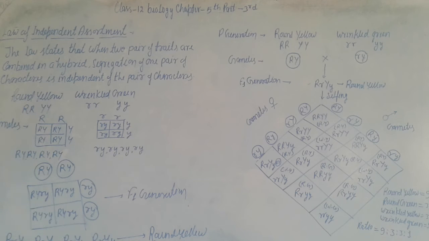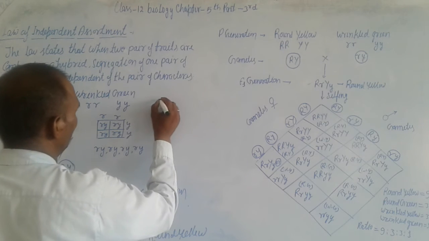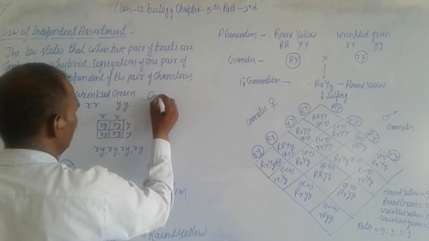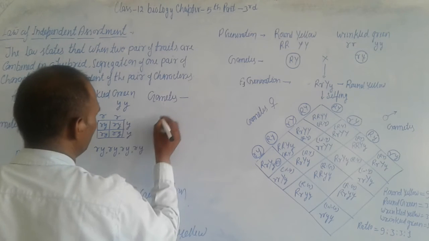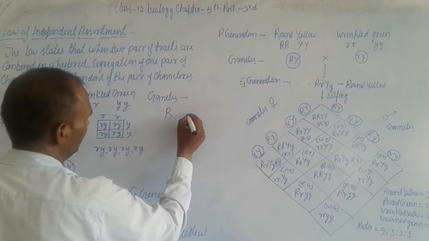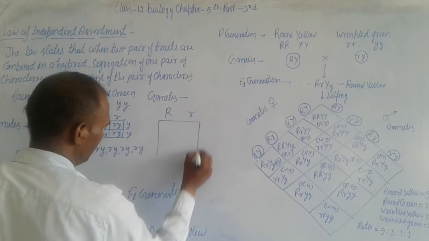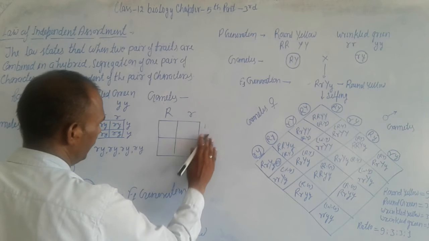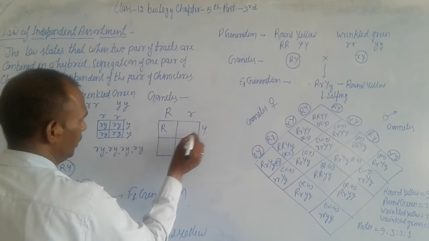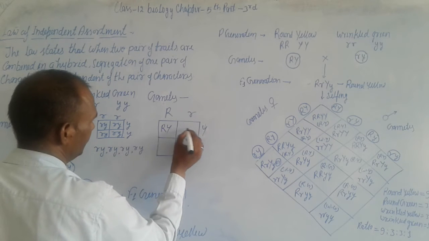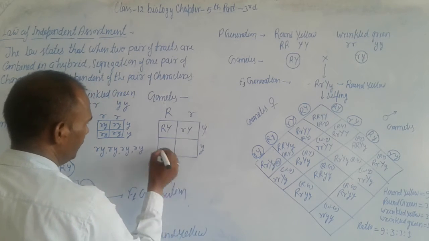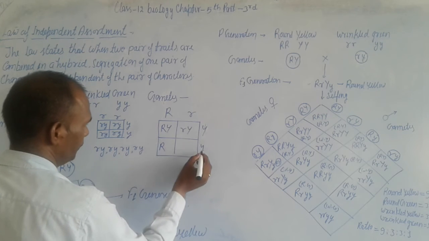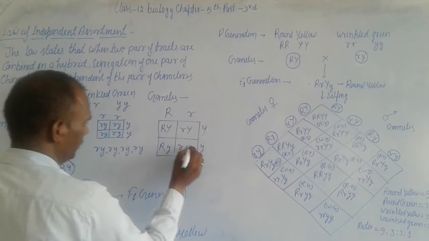Again, Mendel mixed the gametes in it. The F1 gametes are capital R, capital Y, capital R, small y, small r, capital Y, and small r, small y.